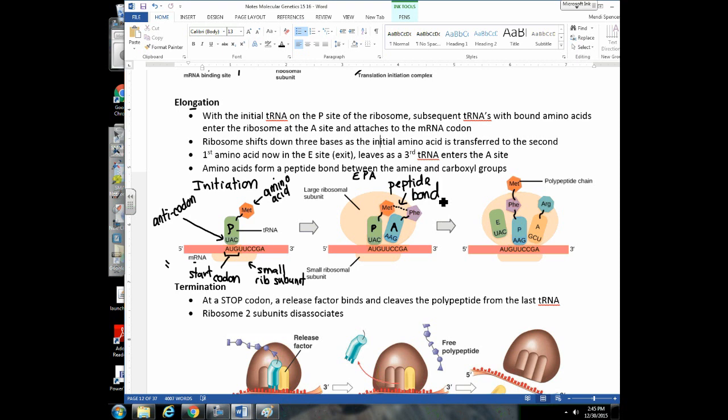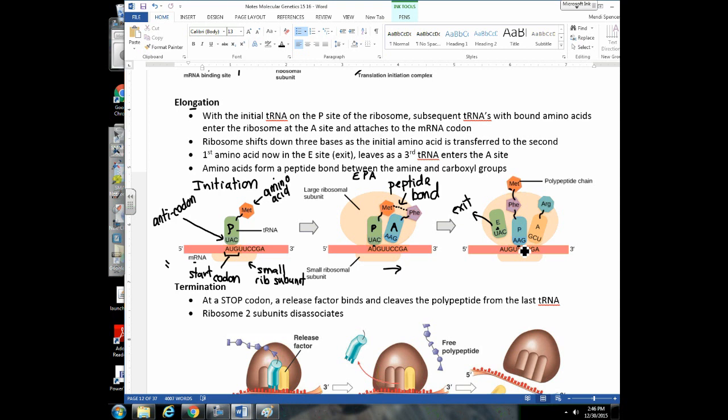From there, this ribosome is going to shift down, and this first tRNA is no longer in the P site. You can see it right here. It is now in the E site, and that E stands for exit. So you can see that it's left behind its amino acid. There's its amino acid right there, and it is now bound to the second amino acid in the polypeptide chain. So now the second tRNA is in the P site, which means the A site is open to accept another tRNA.